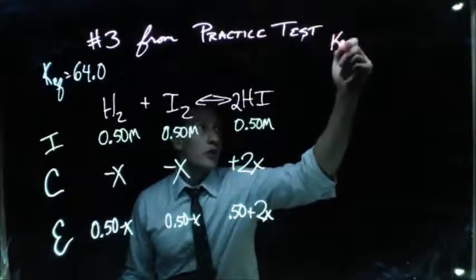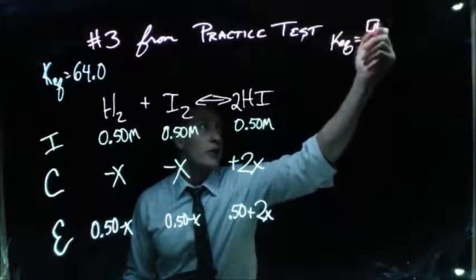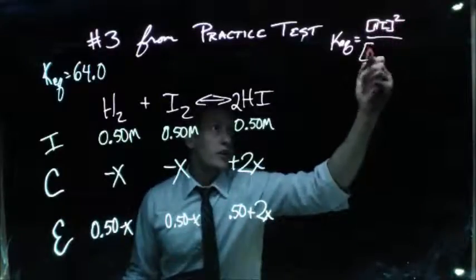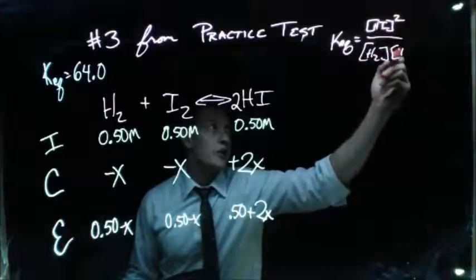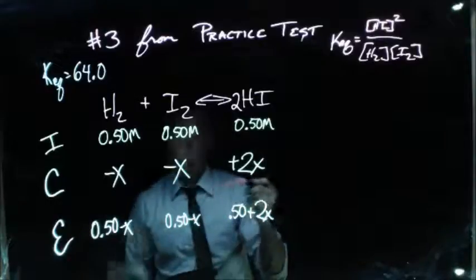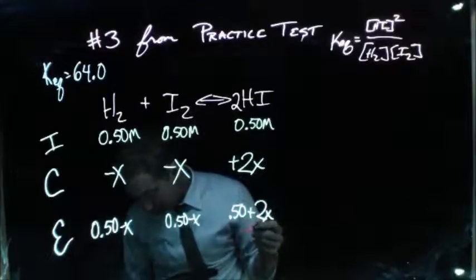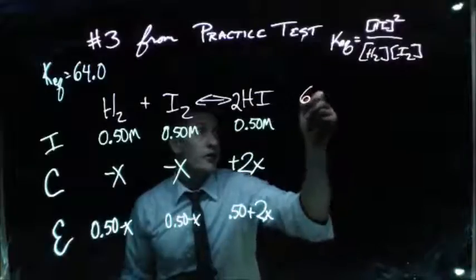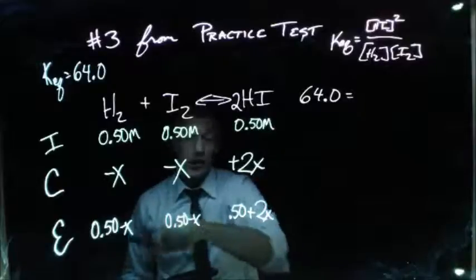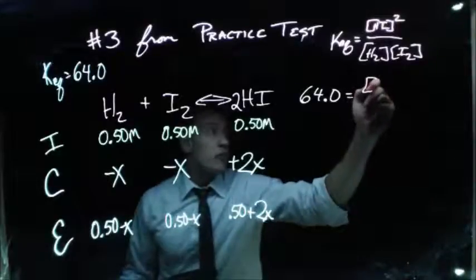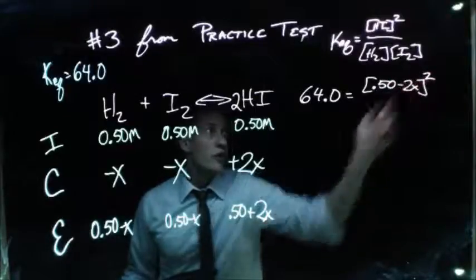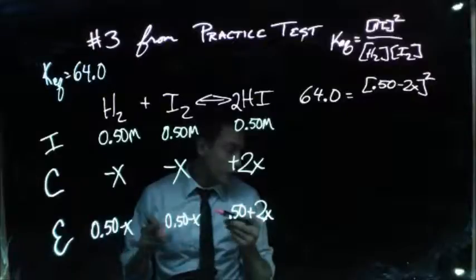So KEQ is going to equal the concentration of HI squared over the concentration of H2 times the concentration of I2. We know the value for KEQ. It is 64.0. So we've got 64.0 equals this stuff from down here. So it's going to be 0.50 minus 2x squared. And we've all seen this done before, so we'll just skip right to it.